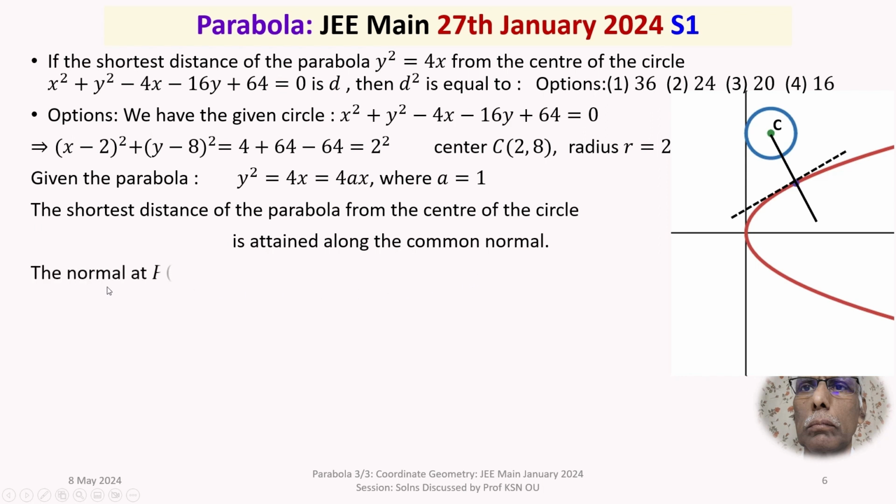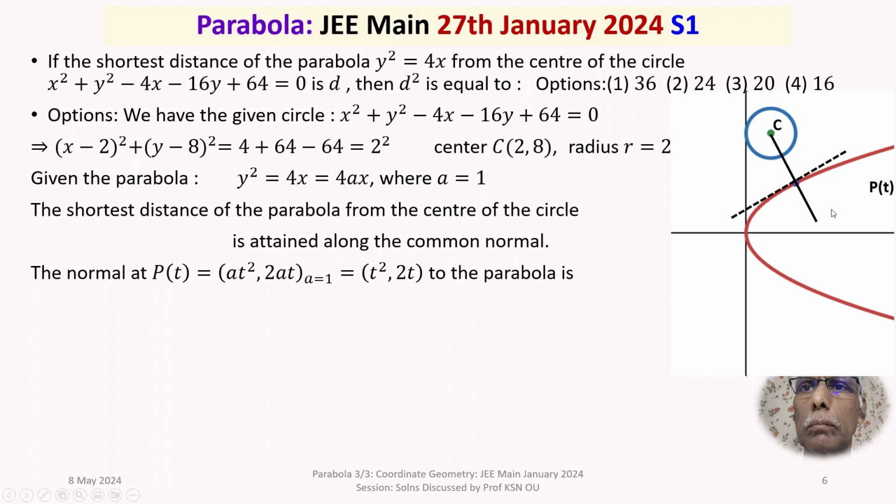Now, we prefer to take the points on the parabola in the parametric representation. P of t is equal to (at square, 2at), where a is equal to 1 because it is 4x only. That is (t square, 2t) on the parabola.